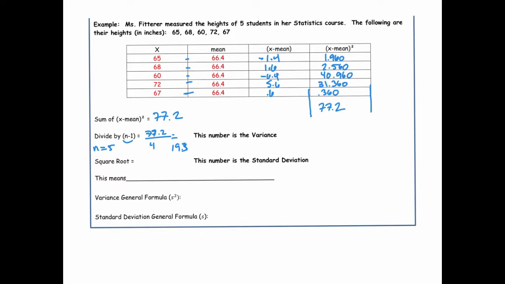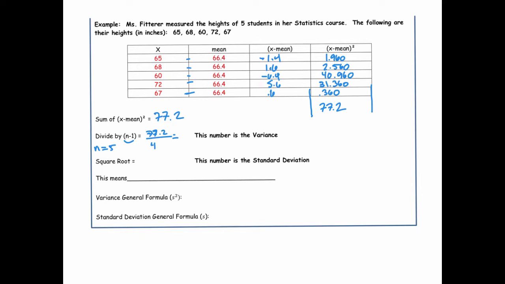Now the problem with the variance is its units are in square. These heights are all in inches, so that 19.3 has units of square inches. Because we found a distance between the mean height and the individual heights, that would be measured in inches.